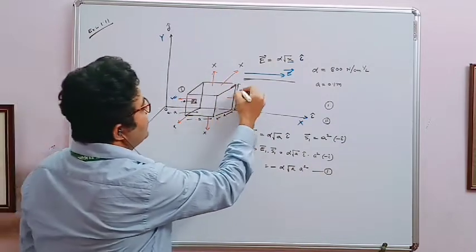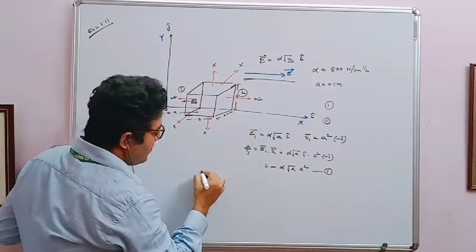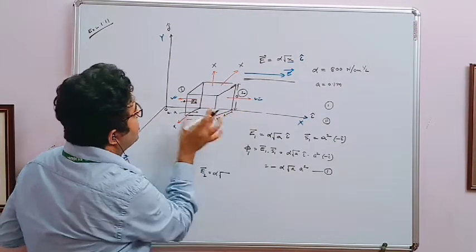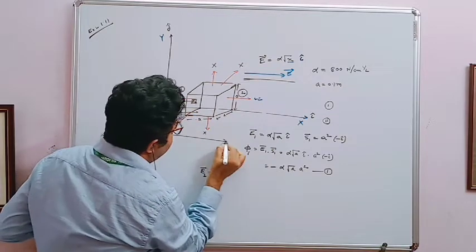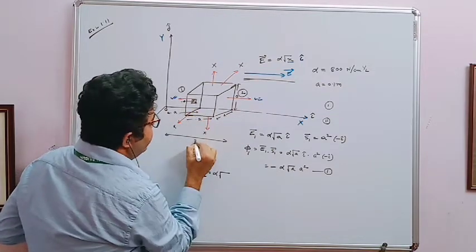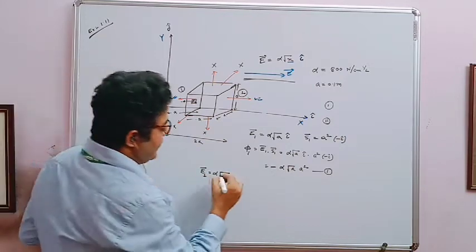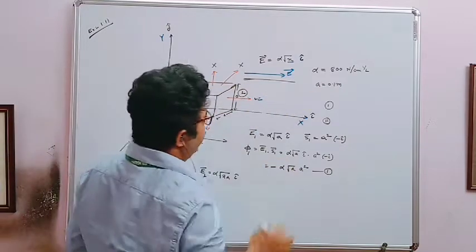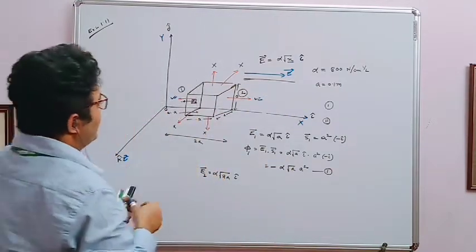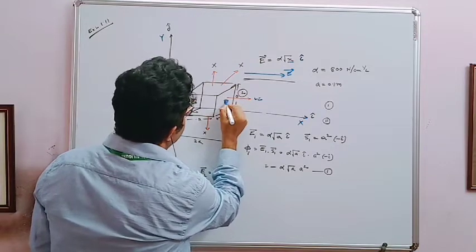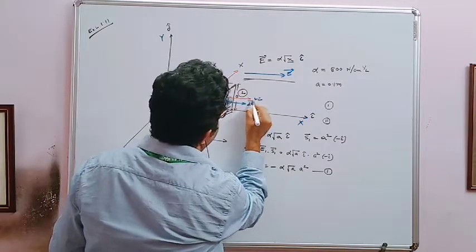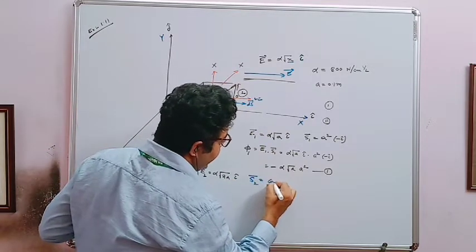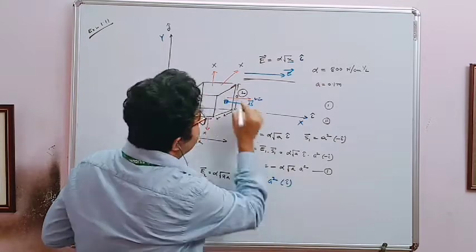Now for the second one, electric field 2 is alpha into root of the distance. From this position to this position, this one is a, this one is a, so this is 2a. So we write alpha root 2a, in the same direction i. The area vector is in this direction. Considering the whole area as S2, the area is a squared and the direction is i.